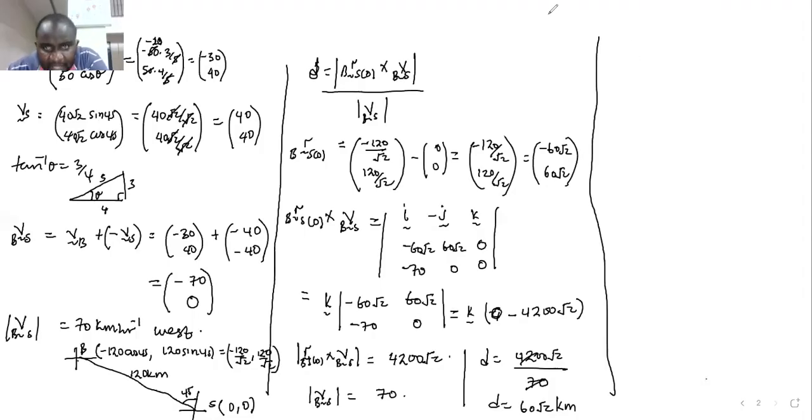We have seen the question as said. Let me use a fresh page. The battleship and the cruiser are initially 16 kilometers apart, with the battleship on a bearing of north 35 degrees east.